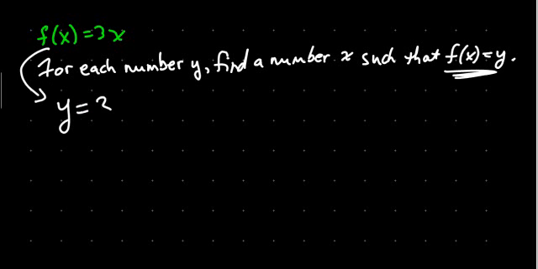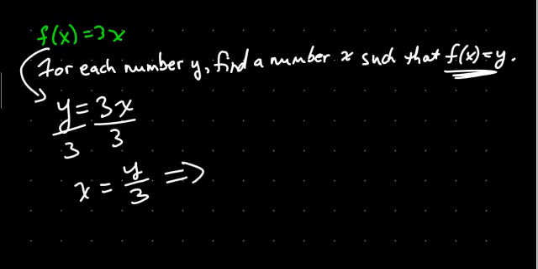So y equals 3x. And now we solve for x, divide both sides by 3, and we get that x equals y over 3. And in the future, and you see in your reading, that's going to imply that f inverse of y equals y over 3.